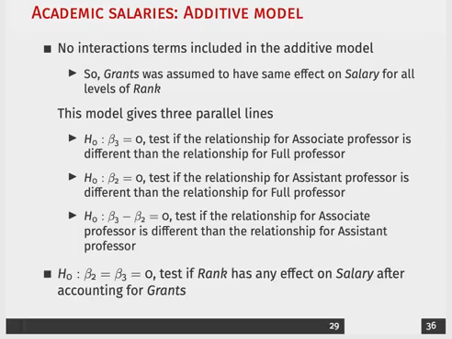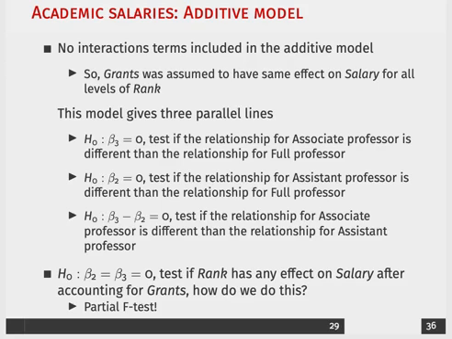Now, we can also test whether they're equal to each other. And this is testing if rank has any effect on salary after accounting for grants at all. And we are going to do this by doing a partial F-test.